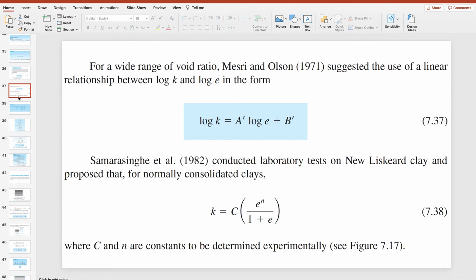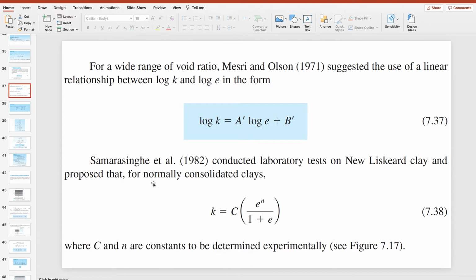So for a wide range of void ratio, Mesri and Olson in 1971 suggested the use of a linear relationship between log of K and log of E. So log of K is equivalent to A prime log of void ratio plus B prime.